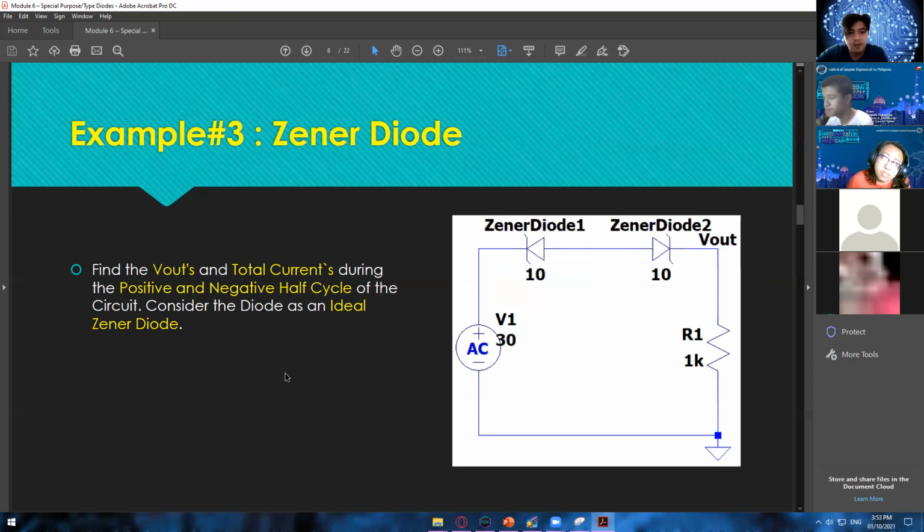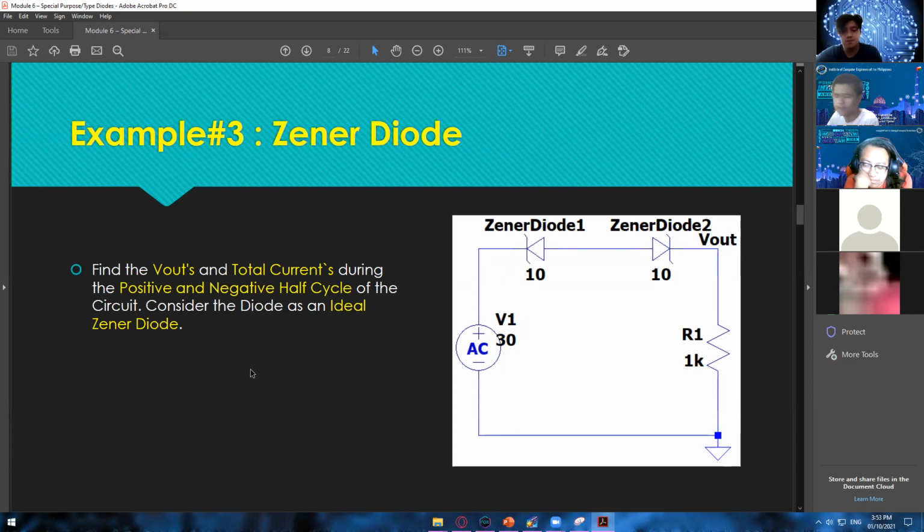So what is the value of our V out during the positive half cycle? Yes, that's correct. So we have the positive 20 volts during the positive half cycle.